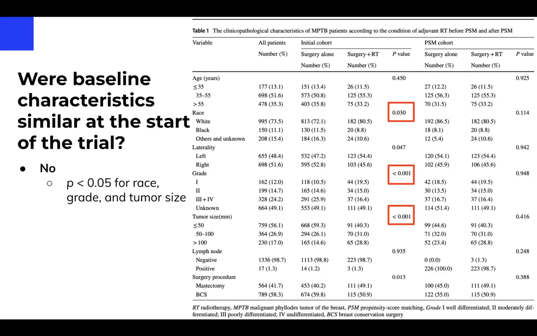Most of them were statistically insignificant, which is what we want for the table 1, except for 3 factors, which are the race, grade, and tumor size. So patients receiving adjuvant radiotherapy were more likely to be white, with better differentiation, and had large tumors.